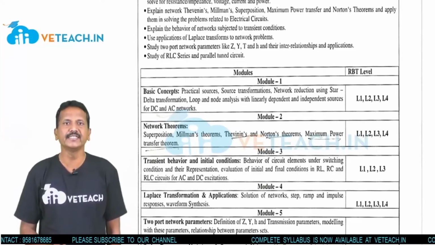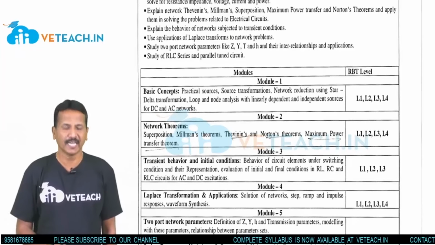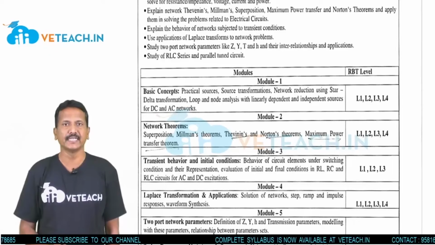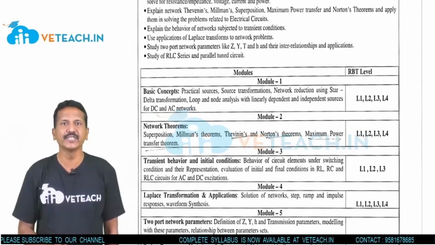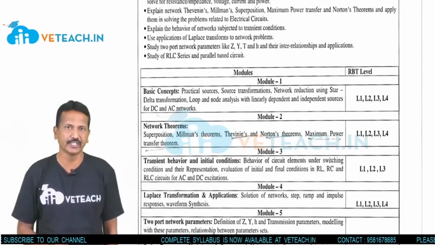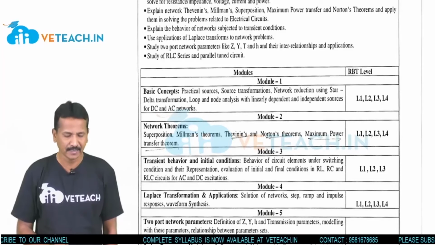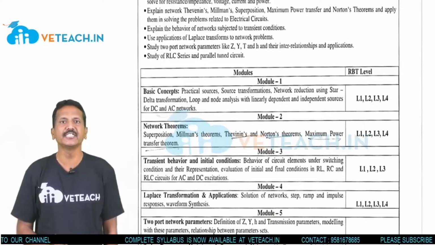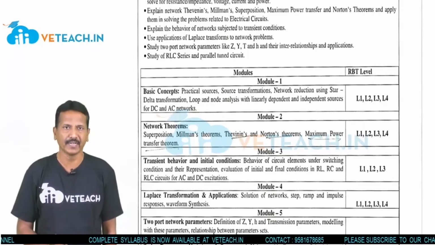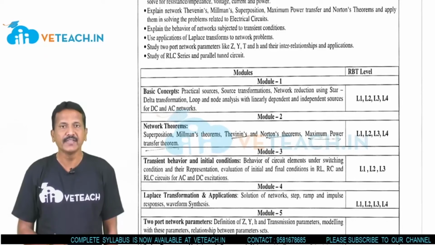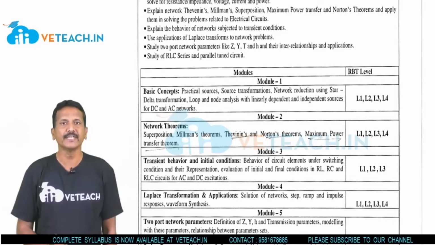Some scientists have designed theorems like the superposition theorem. The superposition theorem gives information about the current source, about the currents. Whereas Millman's theorem gives about the power. Thevenin's theorem gives about the voltage.